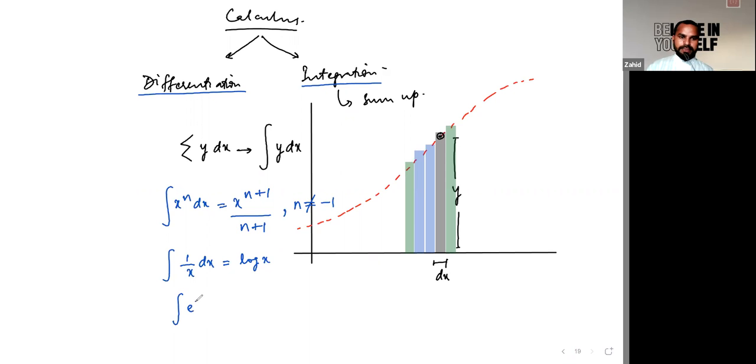Next, integration of e raised to x is equal to e raised to x. Next, integration of sine x is minus of cos x. And last, integration of cos x is plus sine x. So just remember these 5 formulas and you will be able to define integration.